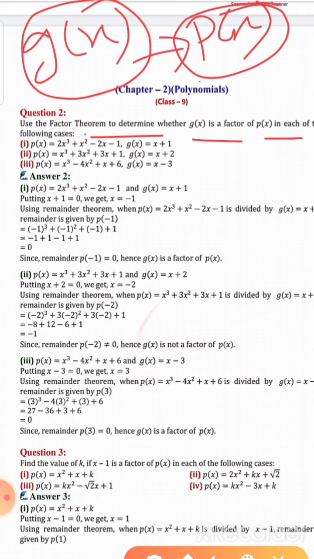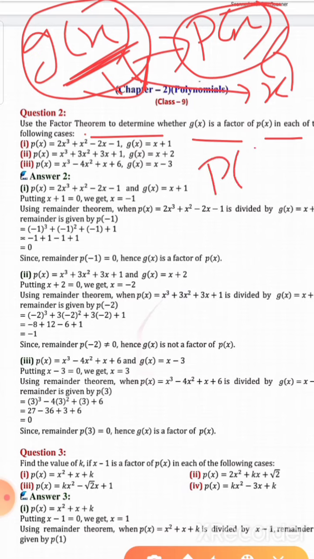First we find the root of the polynomial g(x) and substitute the value of this root x in our polynomial p(x). Simplifying this step, if for the value of x from g the value of p(x) equals 0, it means g(x) is a factor of p(x).